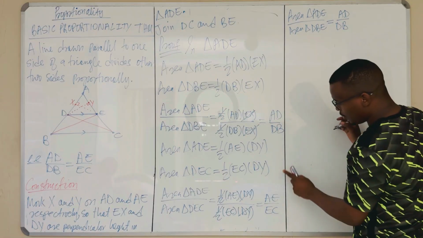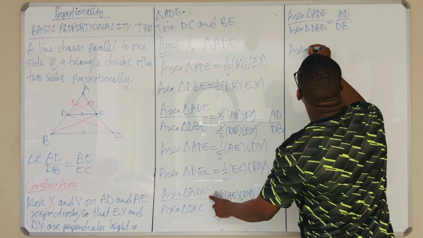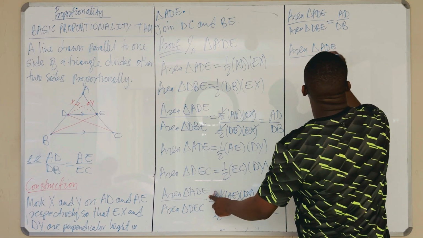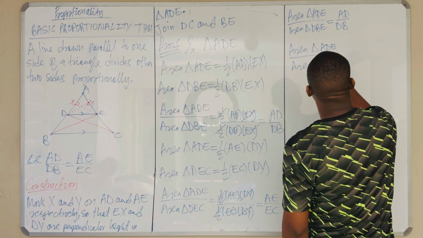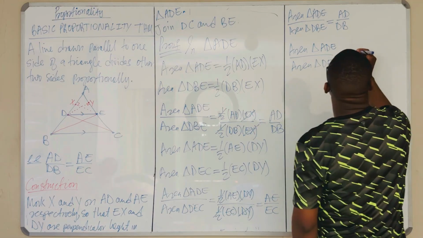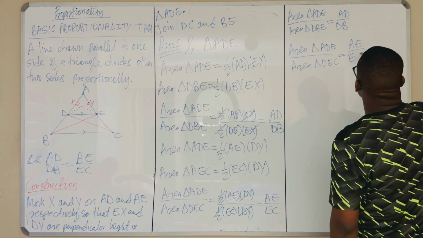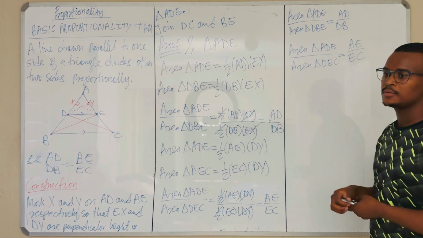Yes. And we found that the area of triangle ADE over the area of triangle DEC is equal to AE over EC. The only thing that we'll have to do now is to show that these two things are equal.